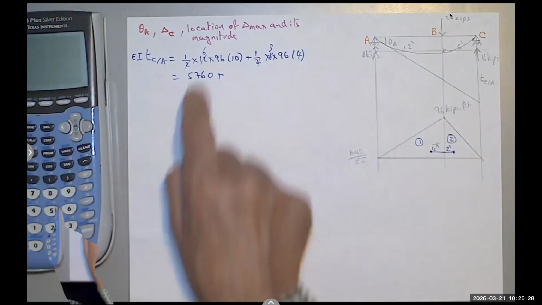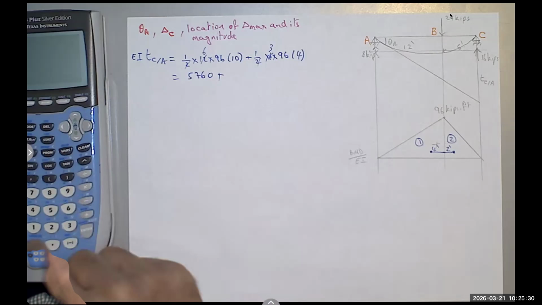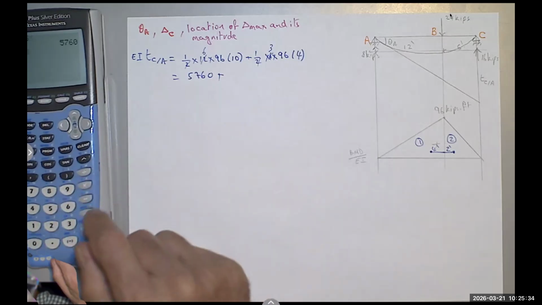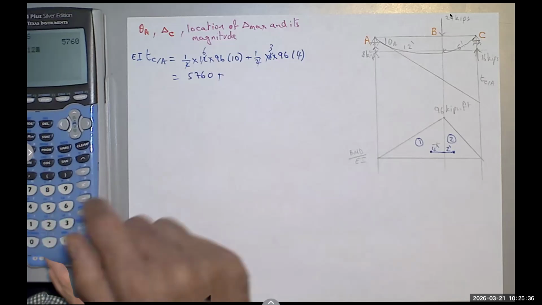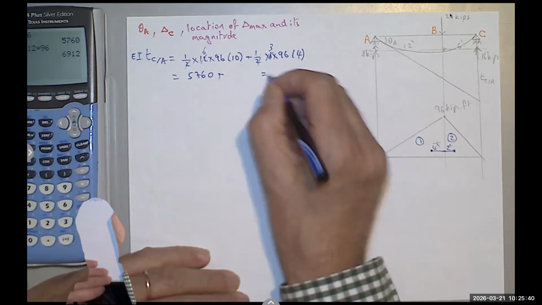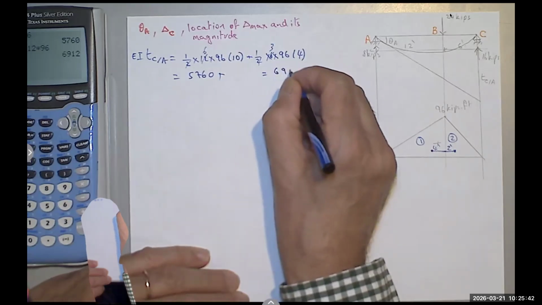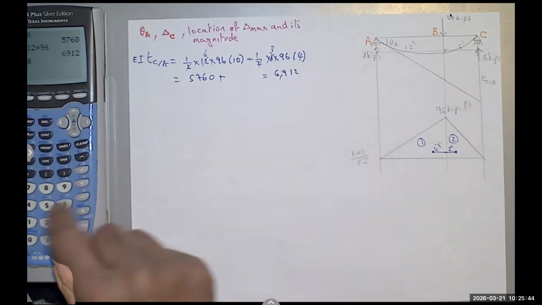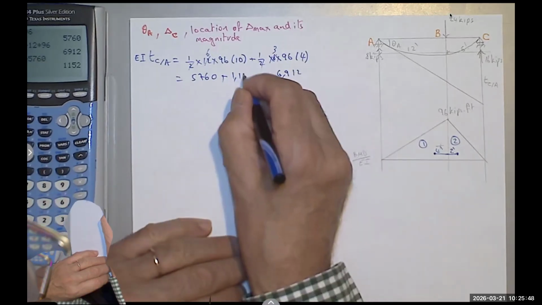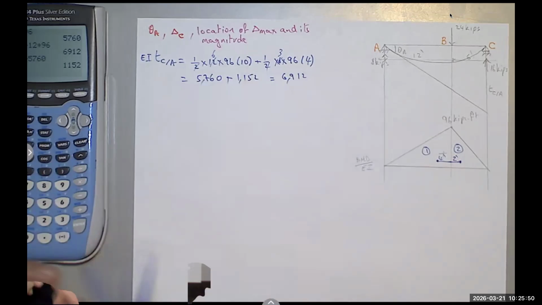Let's do it. 6 times 96, plus 12 times 96. So yeah, 1152 as I said, but I wasn't 100% sure.